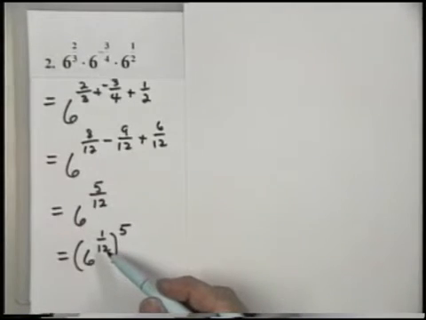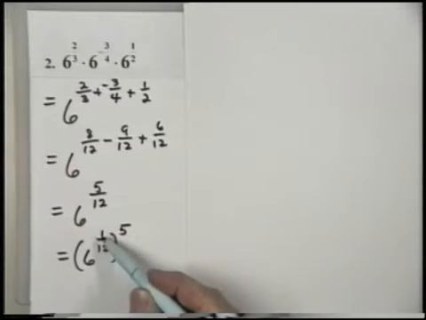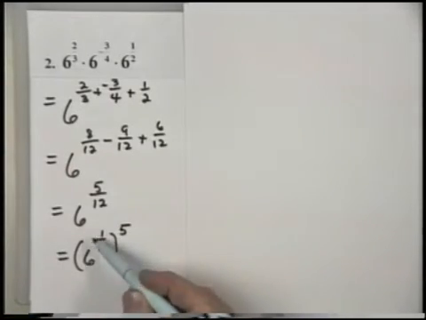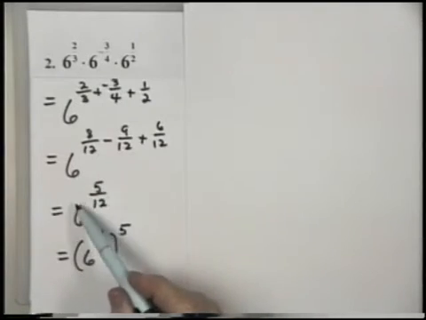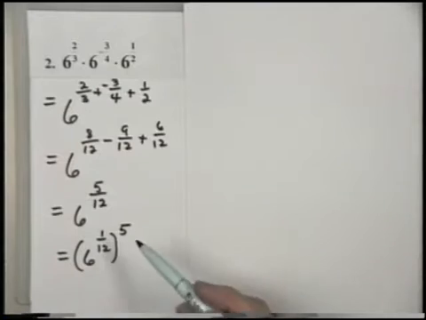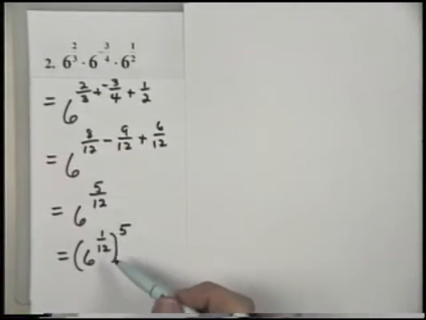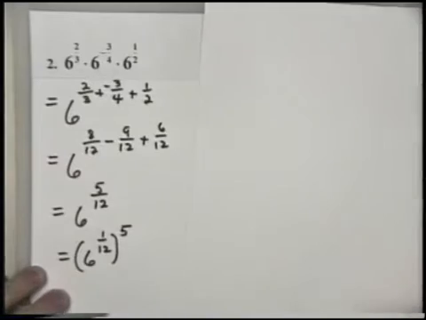Well, I don't know the number that I have to raise to the 12th power to get 6, so I don't know this quantity, and so I can't raise it to the 5th power. So this is a perfectly good way to describe such a rational power when we don't know it. That's what the notation is for. So you're done.